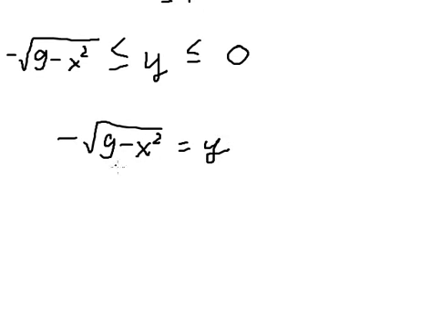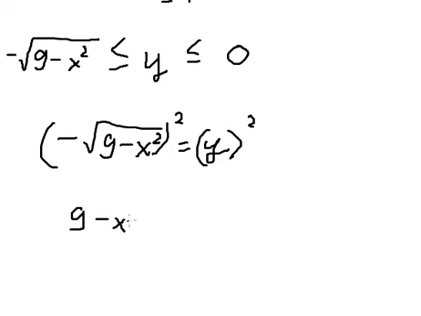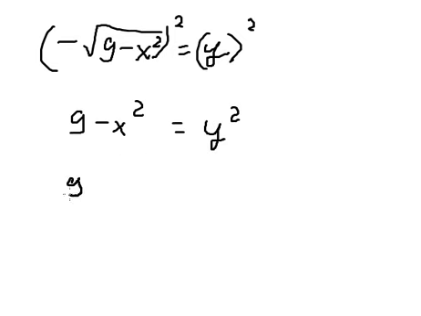Now we put the power number 2 on both sides. So we have 9 minus x squared equals y squared. So I will move this one to the right. So we have number 9 equals x squared plus y squared.